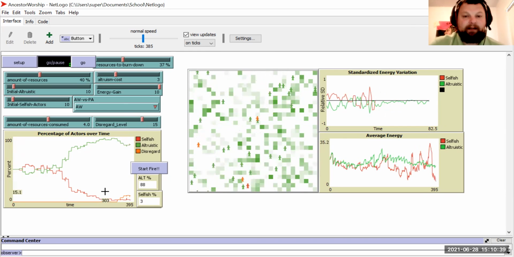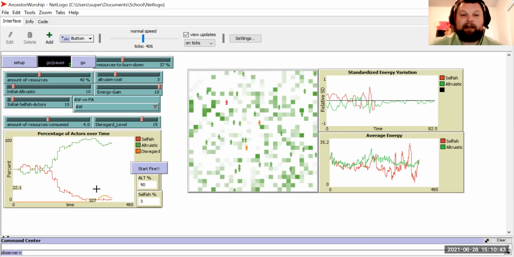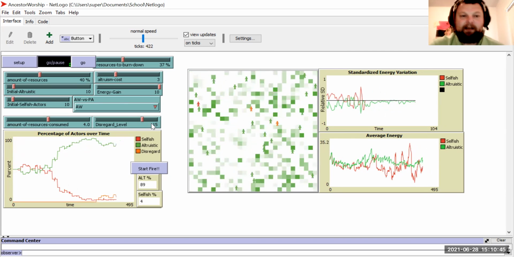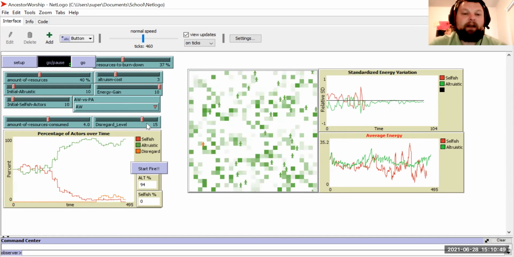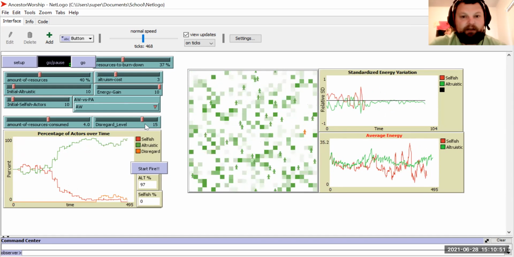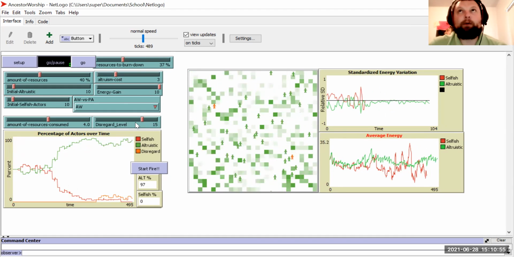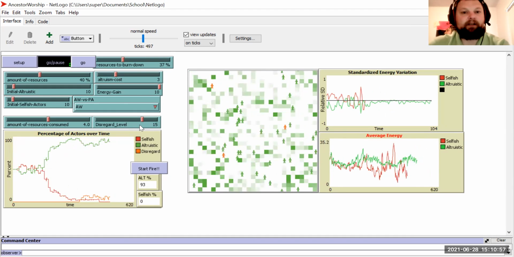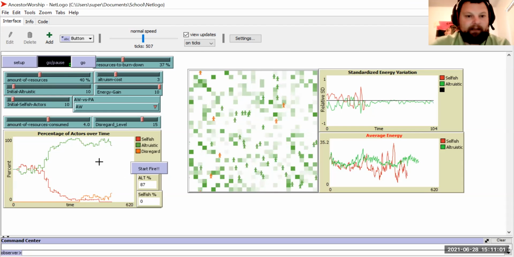So if I were to let this model play out, I would expect an extinction of the greens because too many of their offspring stop sharing with each other, and they literally lose a potential sharing partner to selfishness. That is if I were to let this run forever, but I won't. That's just what it does.